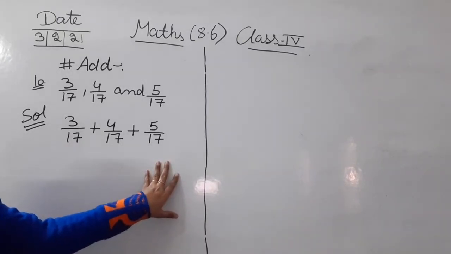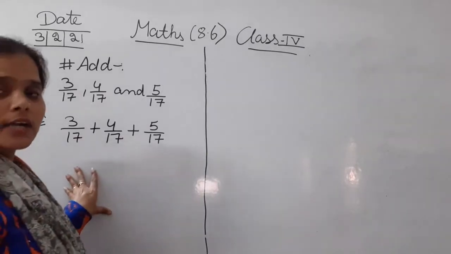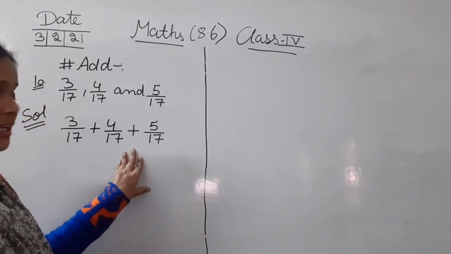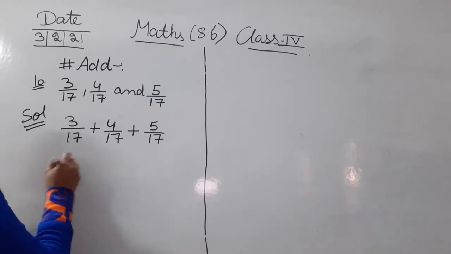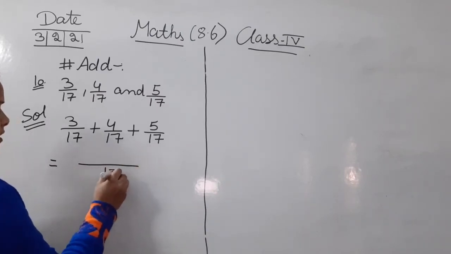Like fractions are the fractions having the same denominators, and these three fractions have the same denominator, 17. So we will take the common denominator, that is 17.